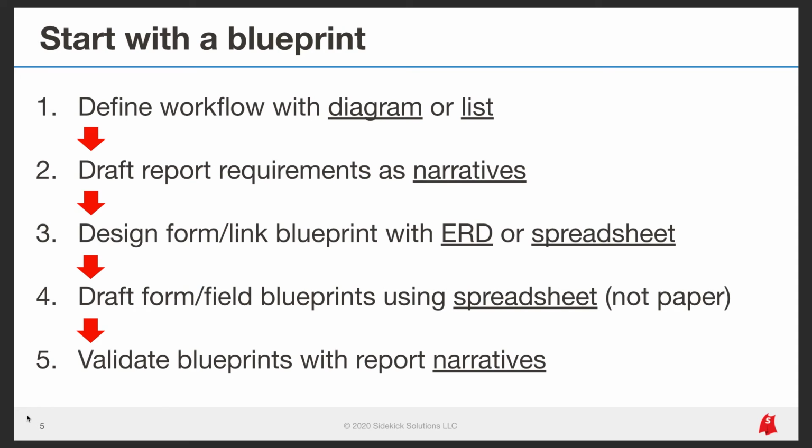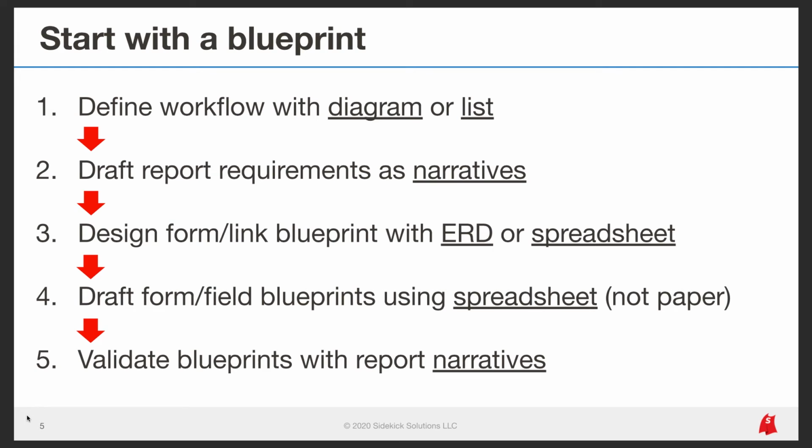First, define your workflow, either using diagrams or a bullet point list. Once you have that in place, you'll also want to draft or conduct an inventory of your reporting requirements, generally as narratives or some kind of written out format.